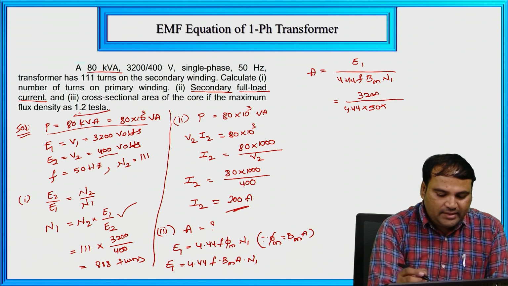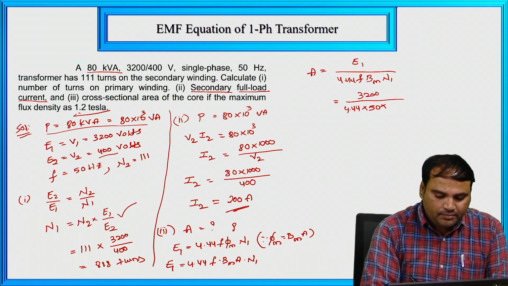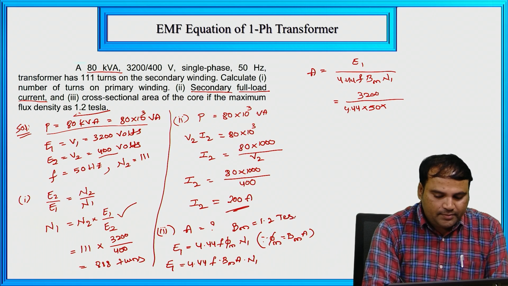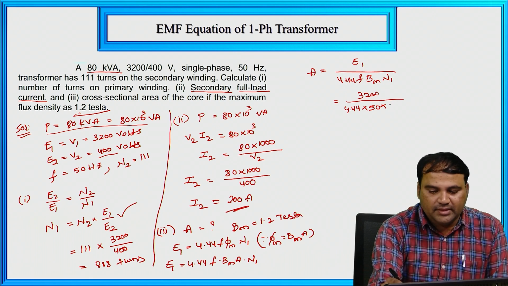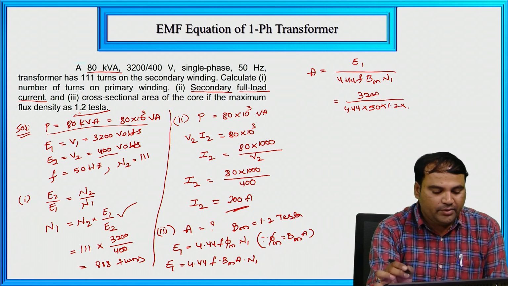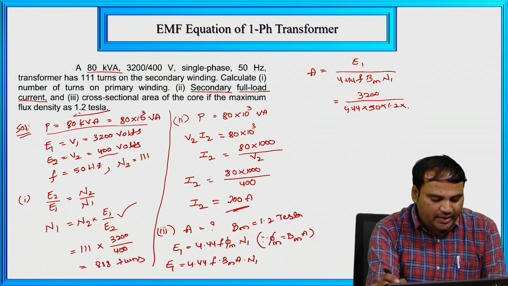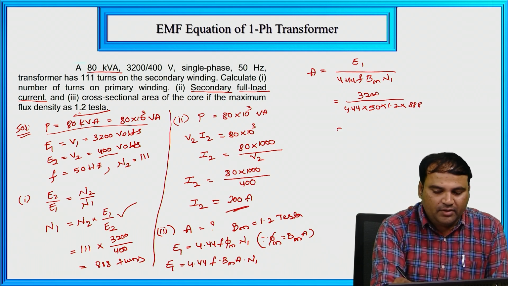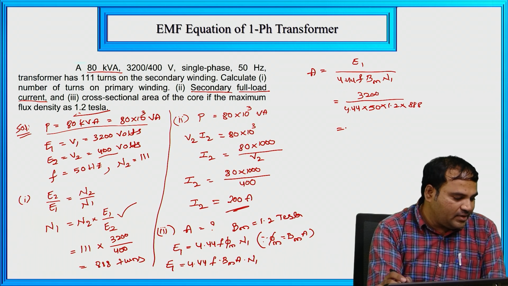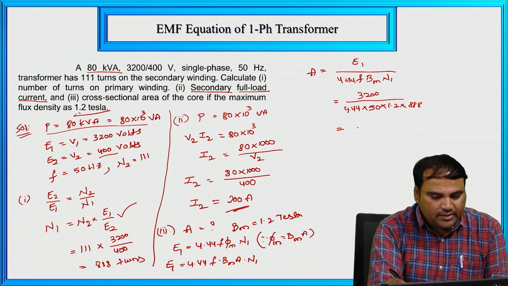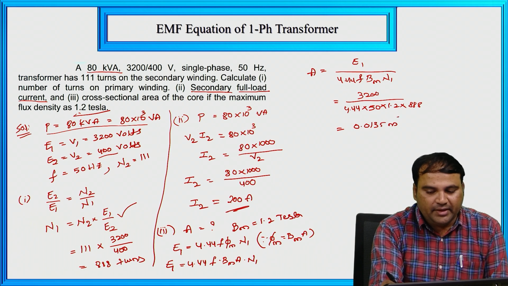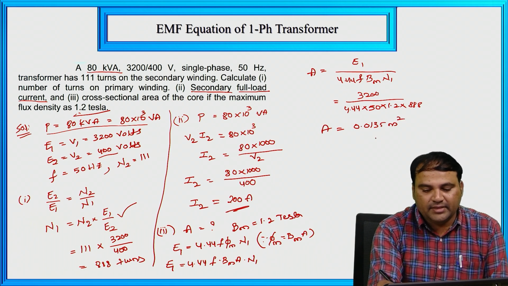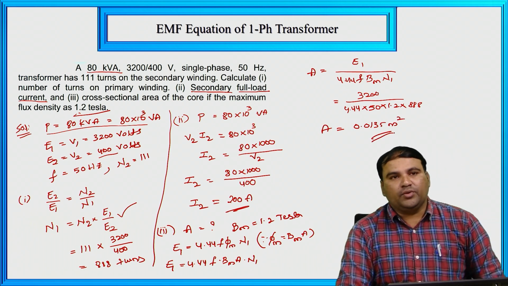B max is 1.2 Tesla. So B max is 1.2 into primary number of turns N1, 888. Now by solving this entire equation we will get 0.0135 meter square. Here is the area of the core, right?